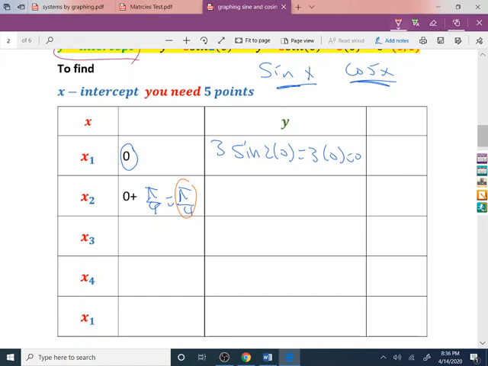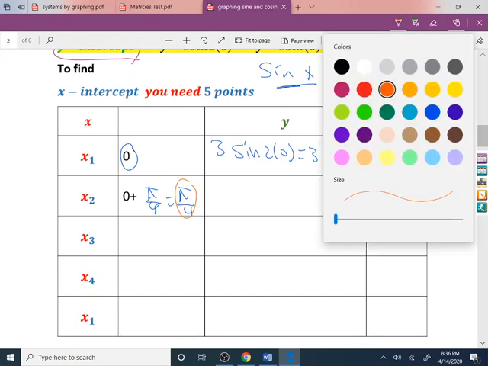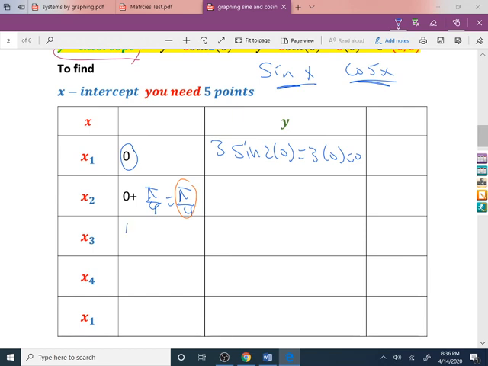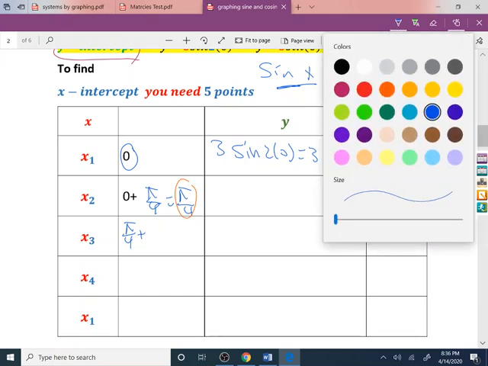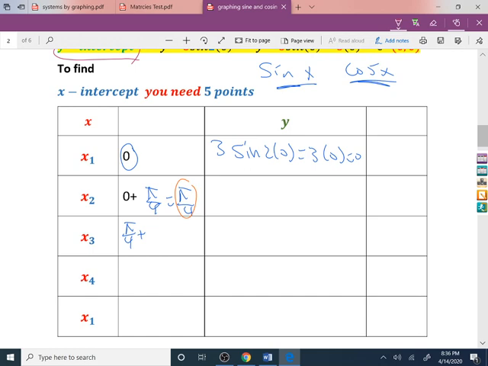I need more space. Here pi over 4 plus pi over 4. Watch, I have 4 in the denominator and 2 pi, which cancels to pi over 2. Good? The first point, 0 and 0.